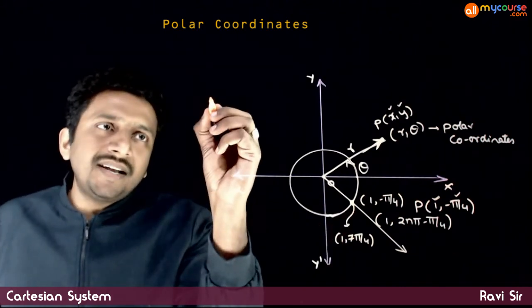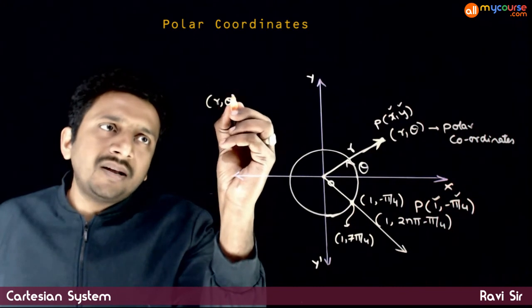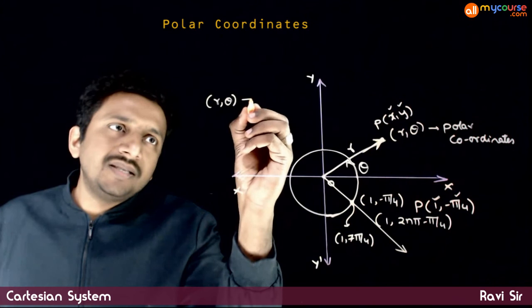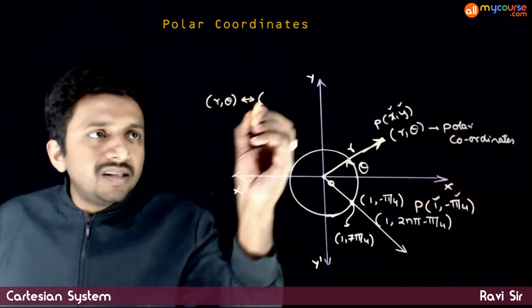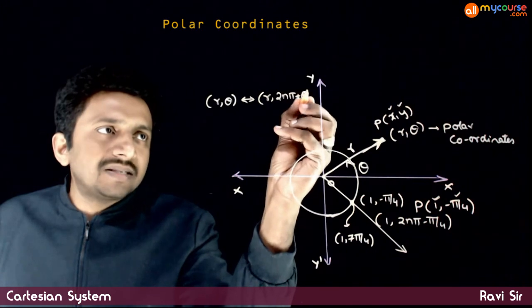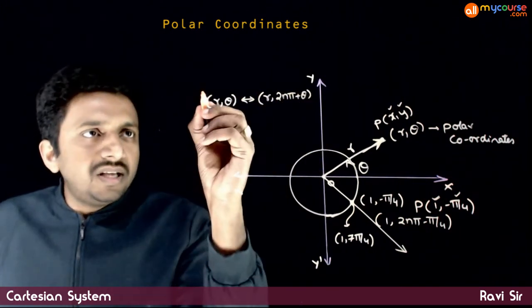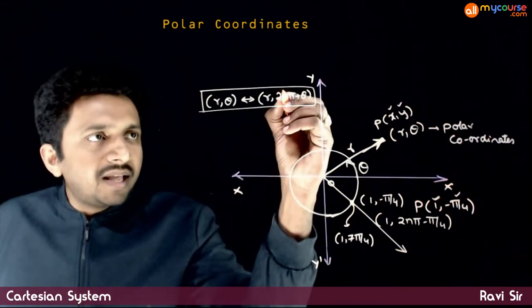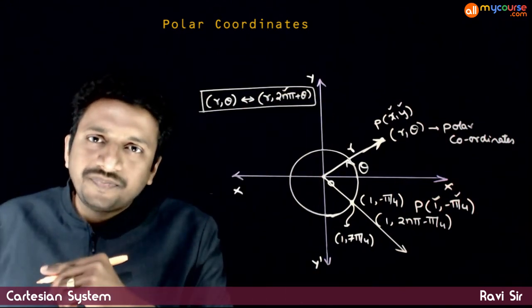So what you need to understand is that a polar coordinate of the point of the form r comma theta is exactly the same as the coordinates r comma 2n pi plus theta. These two represent the exact same point, where n can be any integer.